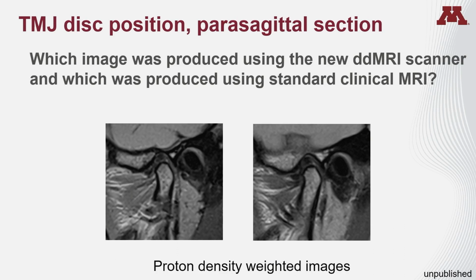Which one's which? So the audience participation part is, who thinks the image on the left is the 0.55, the new scanner? So I got a few people. Who thinks it's on the right? Okay. People on the right. Got it.